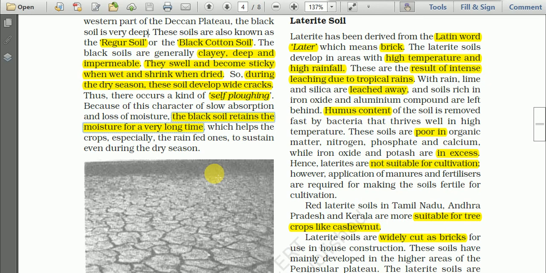Black soils absorb water slowly and lose the moisture slowly, and therefore retain moisture for a very long time, and help the crops, especially the rain-fed ones, to sustain even during the dry season. So these are the important characteristics of black soils.